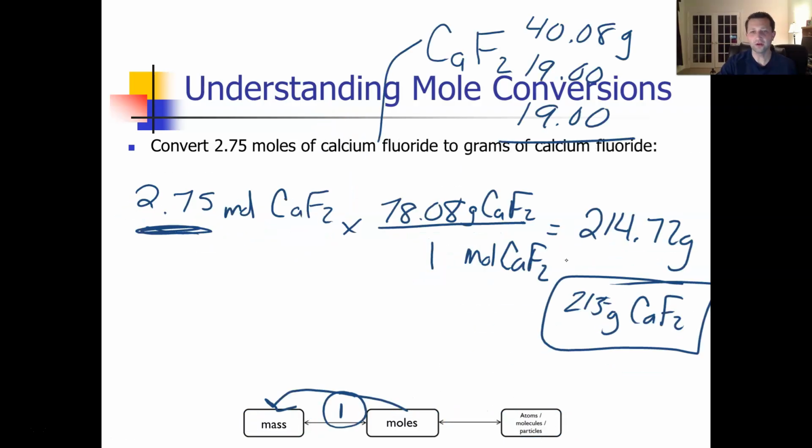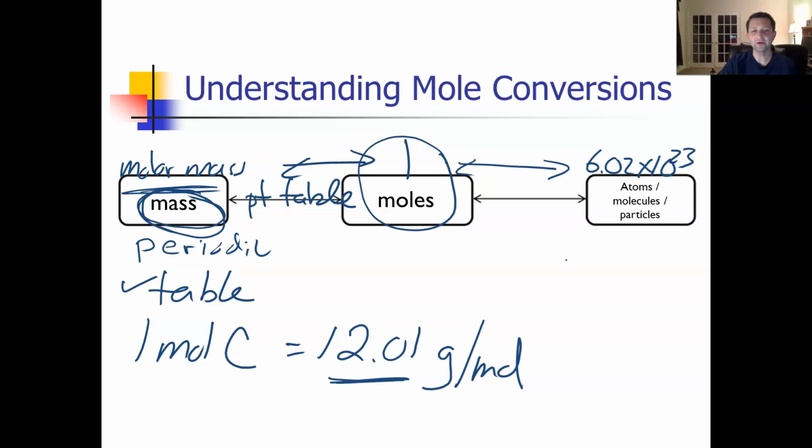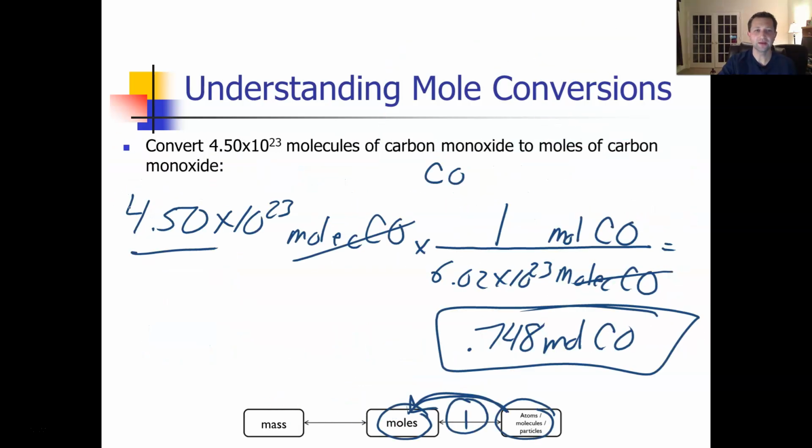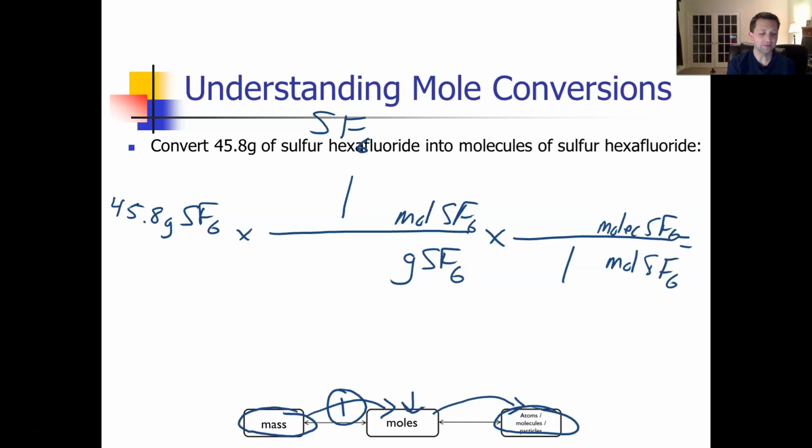And now I go all the way back to my roadmap here. Anytime I'm dealing with mass, my equivalence comes from the molar mass on the periodic table. So my molar mass of SF6 involves me taking a sulfur and then adding 6 fluorines to it. So sulfur is 32.06, and fluorine we looked at is 19.00.